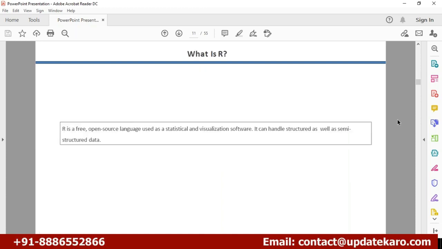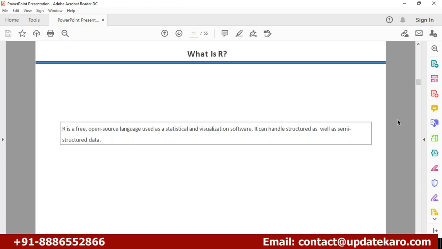Is that fine? So now we'll see advantages of R. R is a free, open source language used as a statistical and visualization software. It can handle structured as well as semi-structured data. So the first advantage is that R is an open source language.